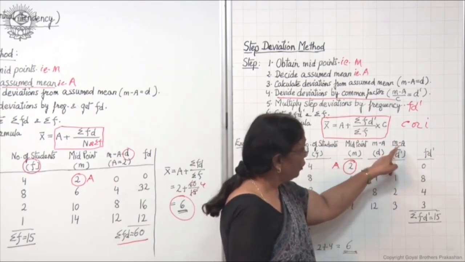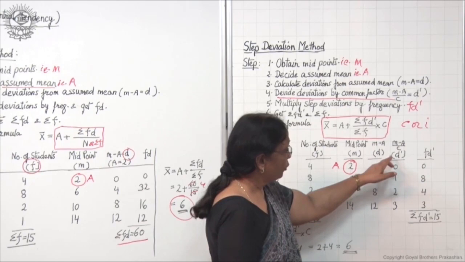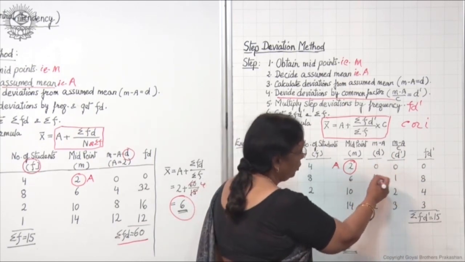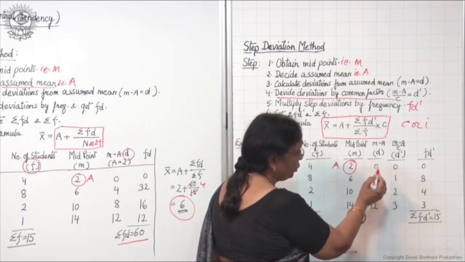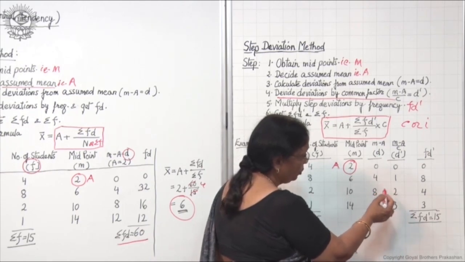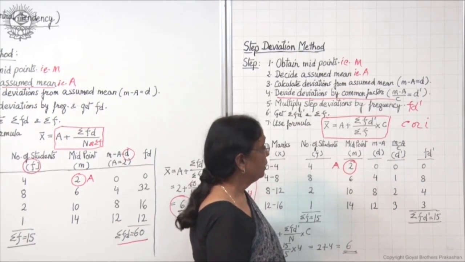Then divide by common factor, M minus A divided by C, you will get D dash. And what is C over here? That is 4. So divided by 4 and you get this: 0 divided by 4 is 0, 4 divided by 4 is 1, 8 divided by 4 is 2, 12 divided by 4 is 3, right?